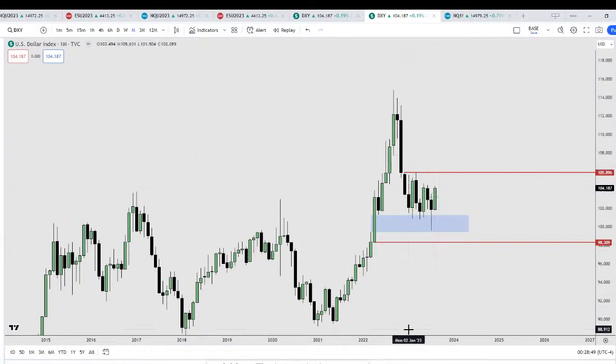So overall, since January 2023, we are in a consolidation, and right now down here we have the manipulation. Okay, so with this manipulation, I am suggesting that price is going to distribute or expand higher. Okay, that is what I'm anticipating here.